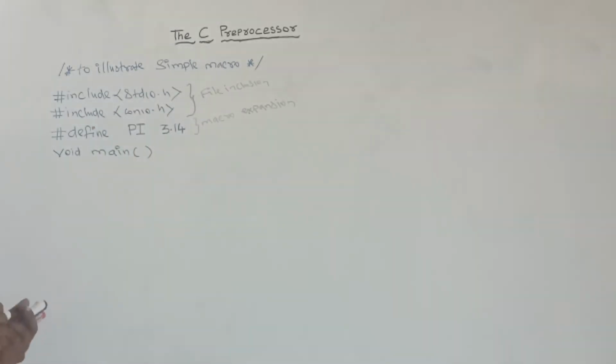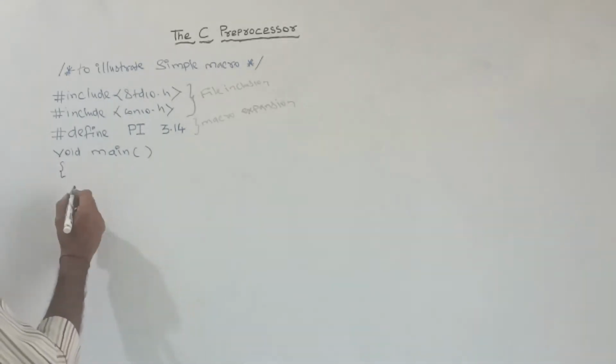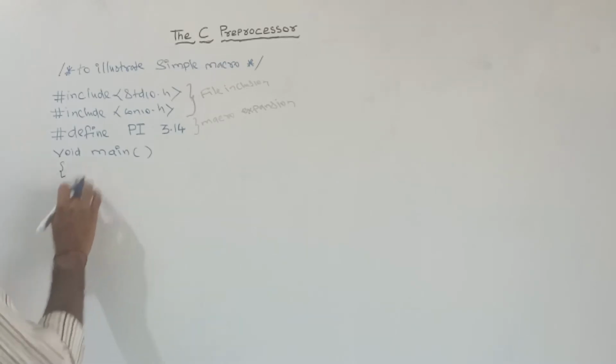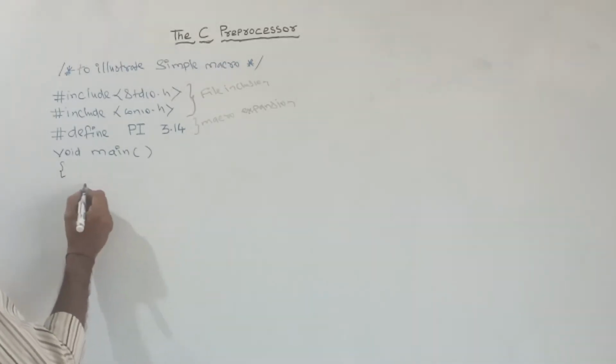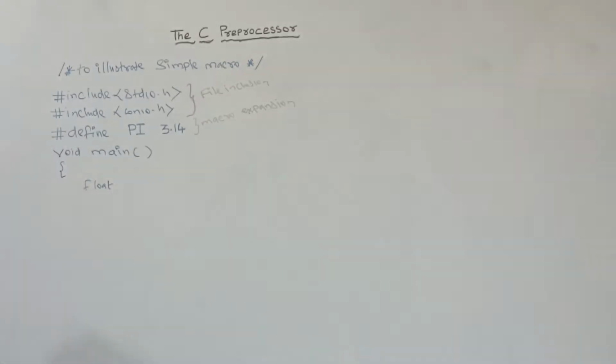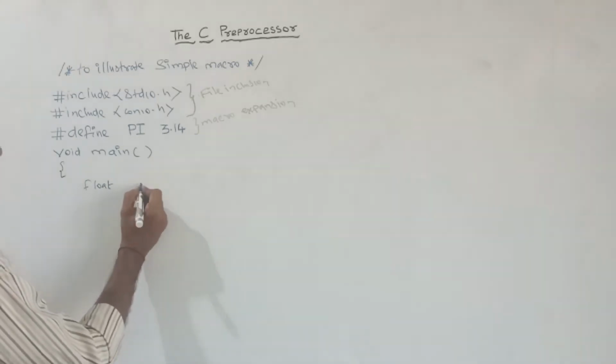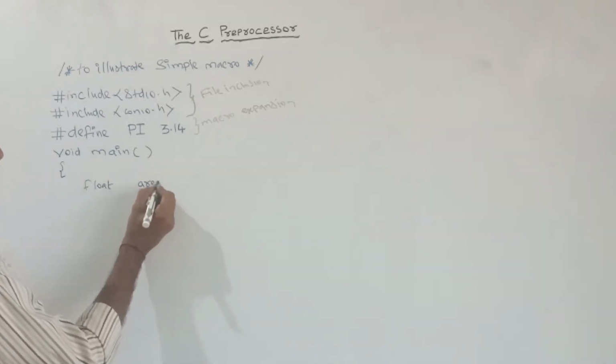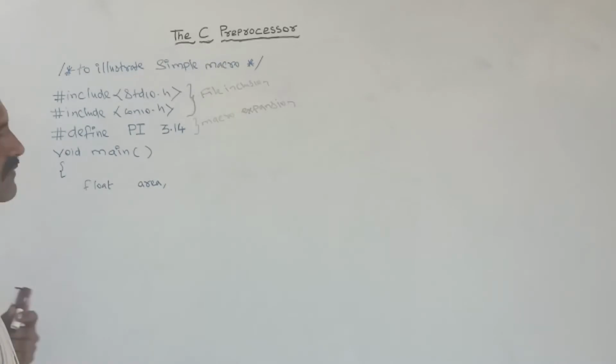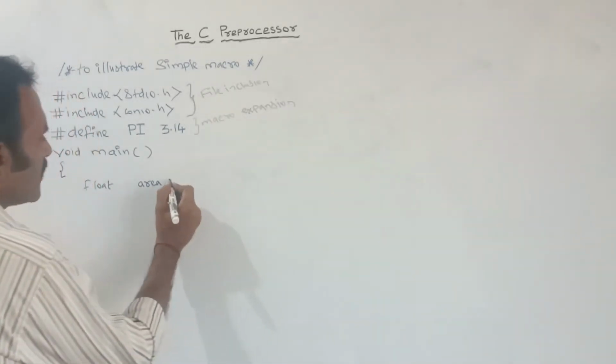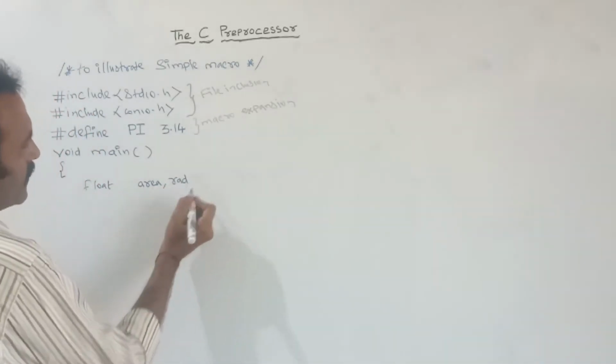Next here void main. Next here I am declaring the variable. First the data type of this variable is float. Next here area, and for circle we need radius. So here I am declaring RAD.